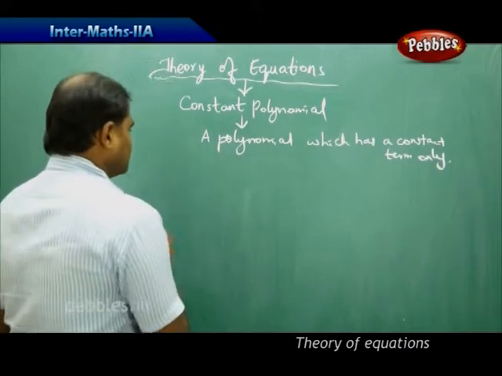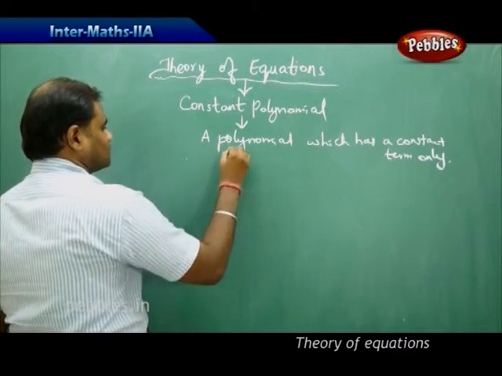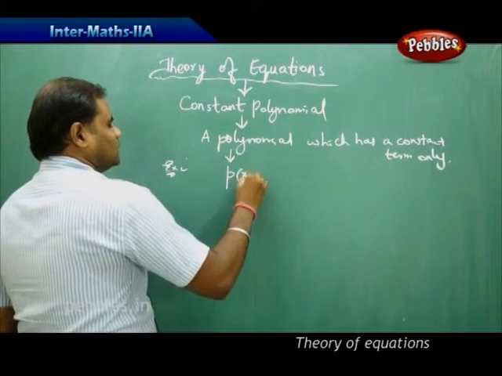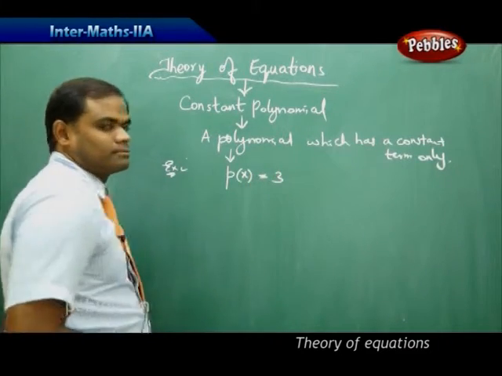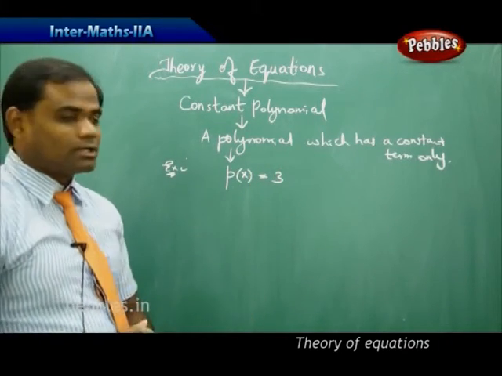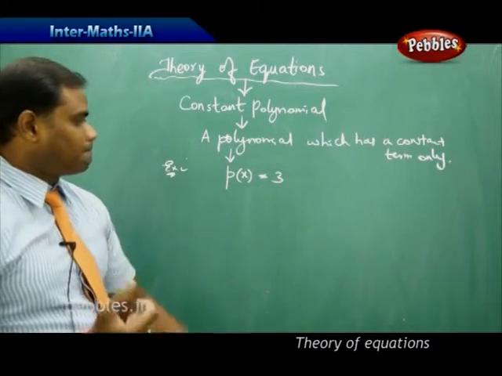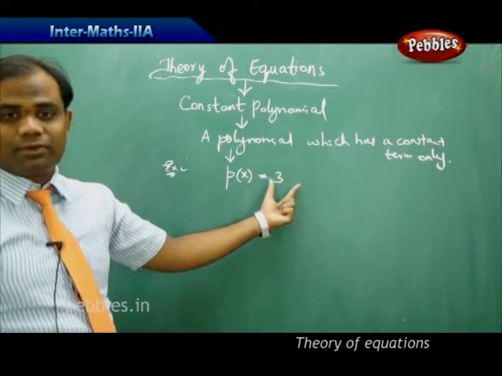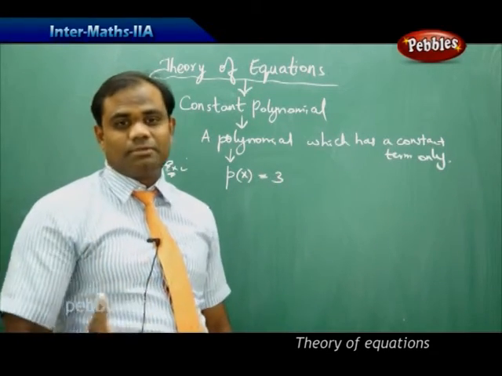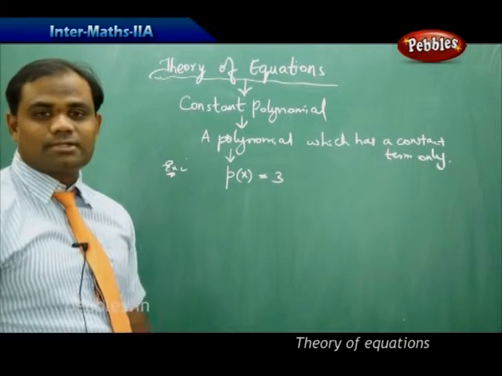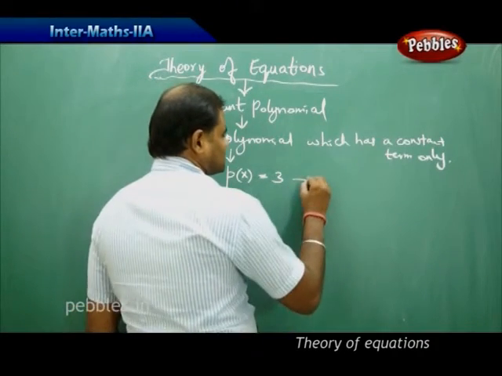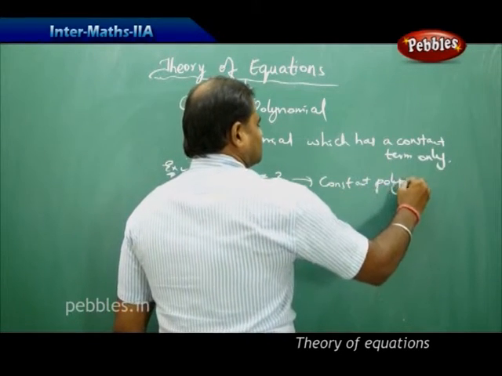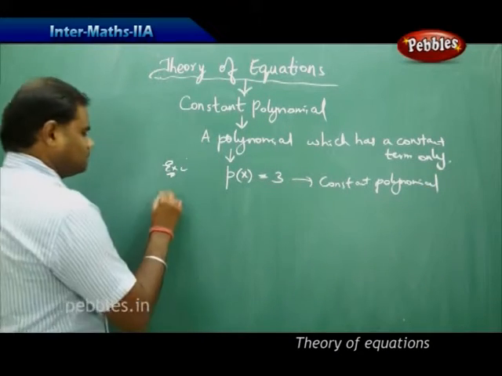Say, for example, I take a polynomial which is 3. Now this is strictly a constant term. There is no x attached to it. So when you don't have any x related with the coefficient, that means that term is said to be independent of x, and hence the constant term here is this, and this is a constant polynomial.